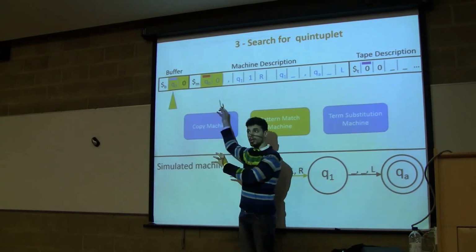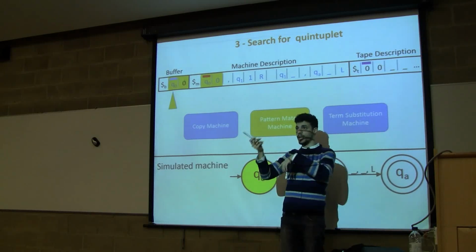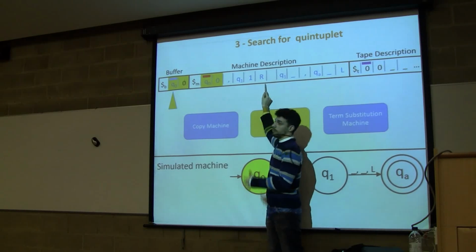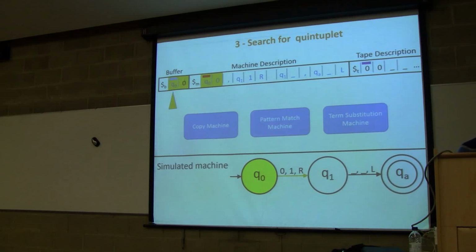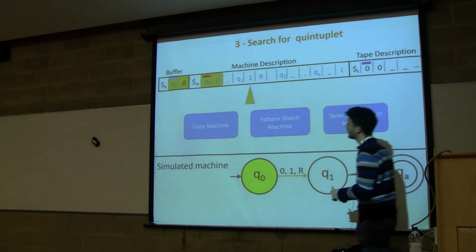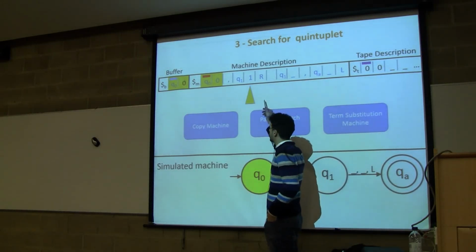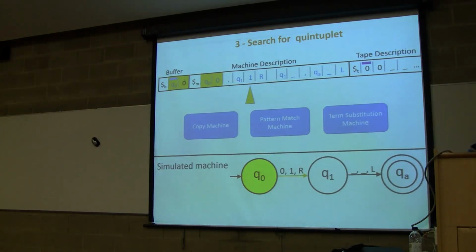So there is a rule which tells this Turing machine what to do when there's a Q0 state and a 0 symbol. And now you know with the machine description what to do next. So you go to the symbol you need to rewrite in the tape. You mark it. Okay, the pattern match machine is done.